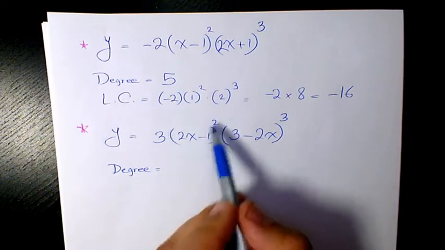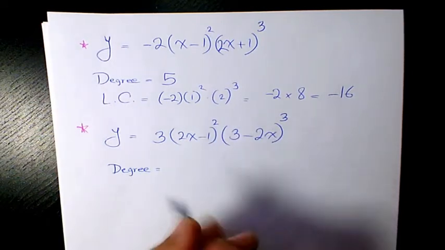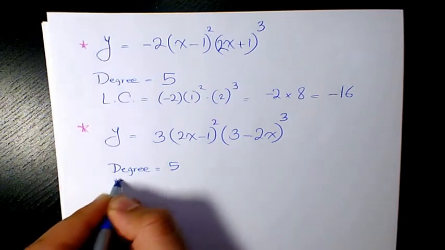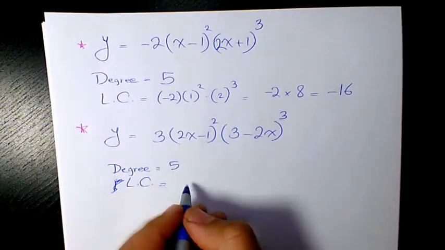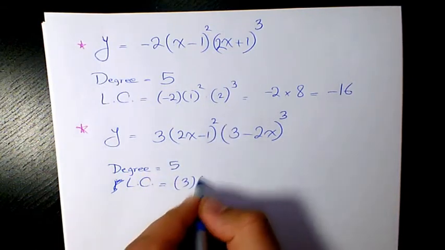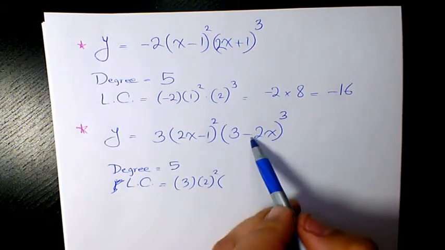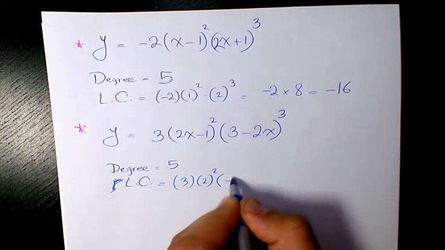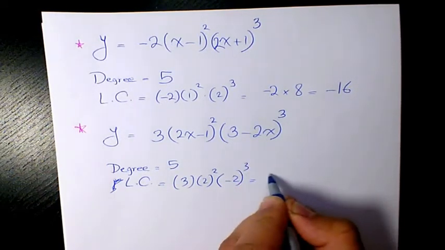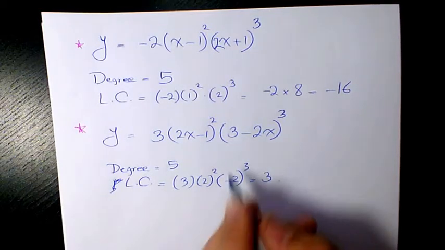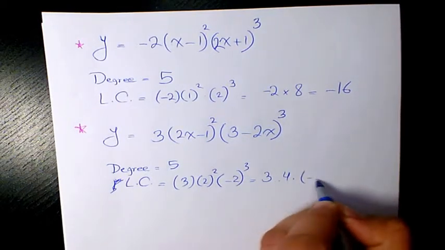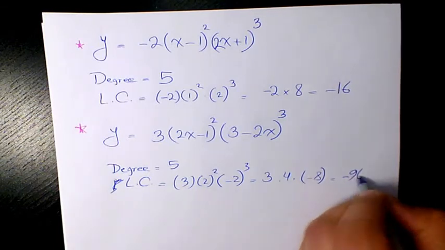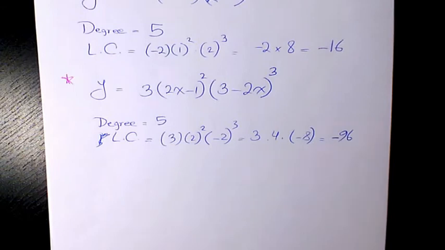Degree of this part is going to be 2 and this part is going to be 3, so that's going to be 5, and the leading coefficient is going to be 3 times 2 to the power of 2 and then negative 2, which we need to find out the coefficient of x, negative 2 to the power of 3, so it's going to be 3 times 4 times negative 8, which is going to be negative 96. Next example.